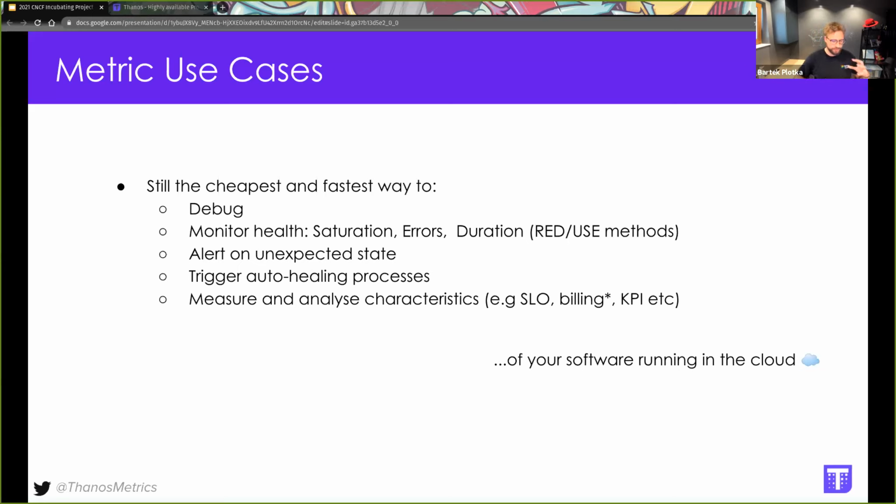So any of those high-level statistics that tell you quickly if your system is healthy or not. You can alert on those behaviors. You can notify humans. You can also notify computers, trigger some auto-healing procedures based on that, because those things are accurate and fast. And last but not least, you can analyze that, especially if you have capabilities to store this data for a long-term duration.